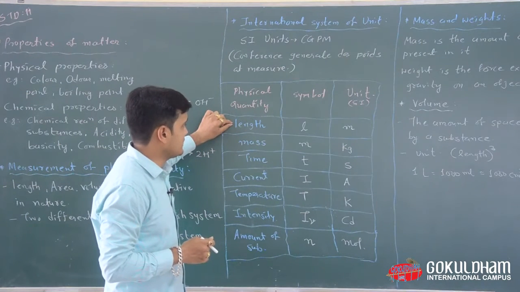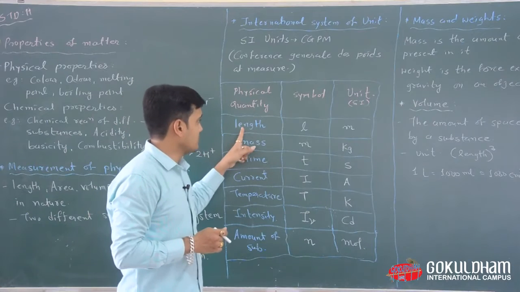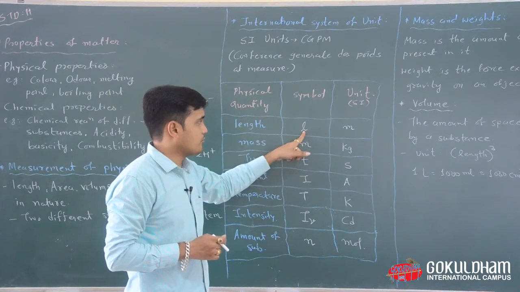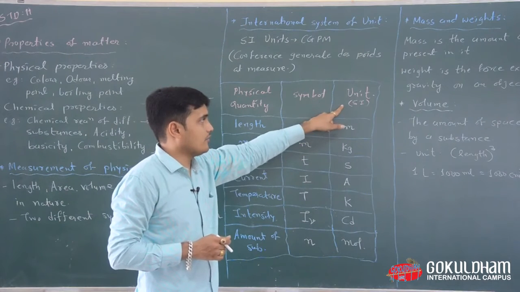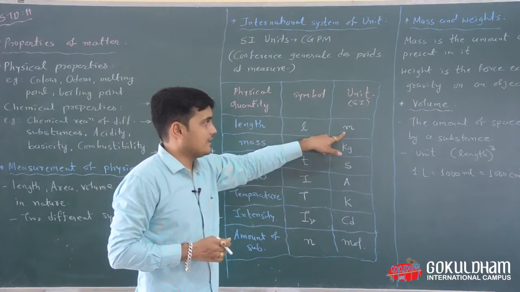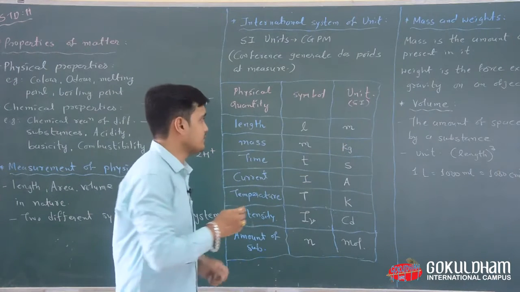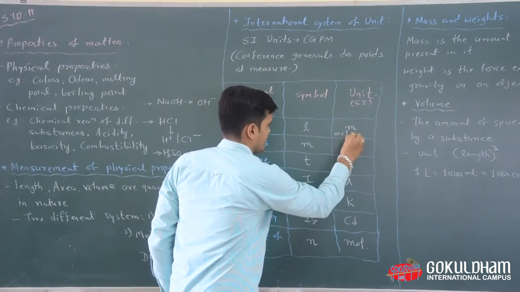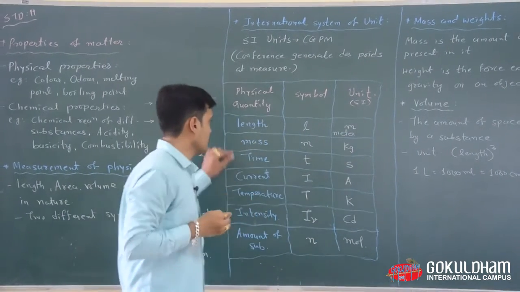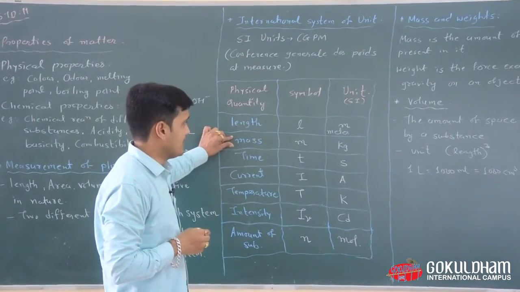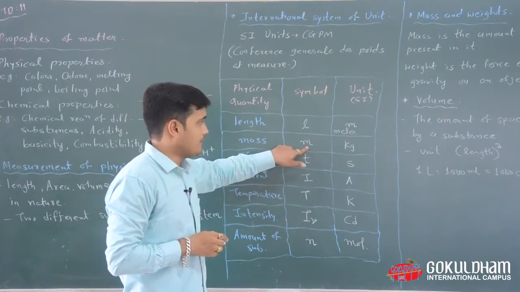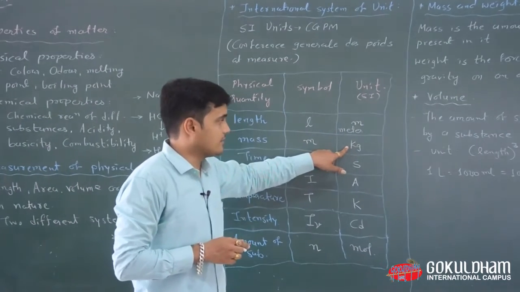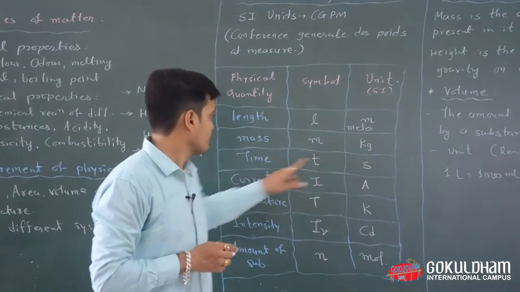The physical quantity is length. Length is denoted by small l, and the unit of length in SI is small m. This small m means meter. Second one is mass, small m, and the SI unit is kilogram.